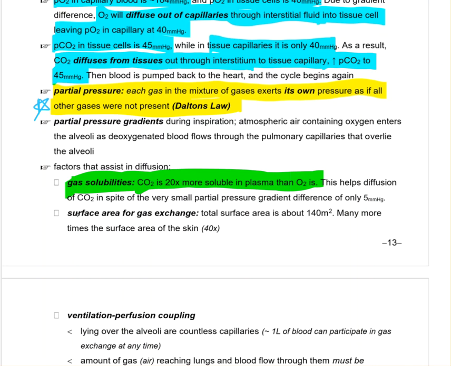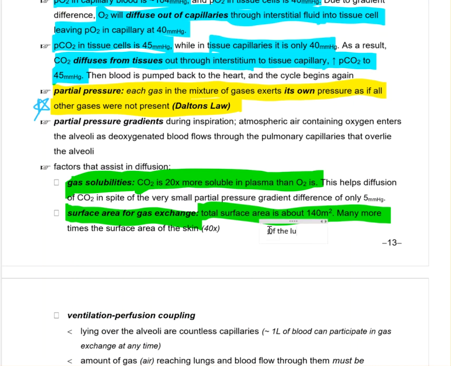The other thing that helps both of them is the surface area. And the total surface area is about 140 meters squared. And this is a lot more times than the surface of the skin. This is the surface area of the lungs. And I thought, 140 meters squared, I can't even wrap my head around what that means.